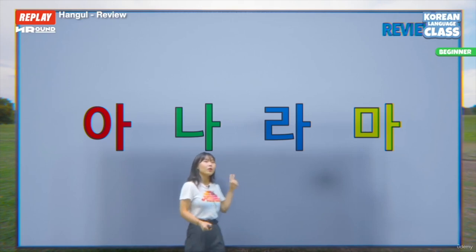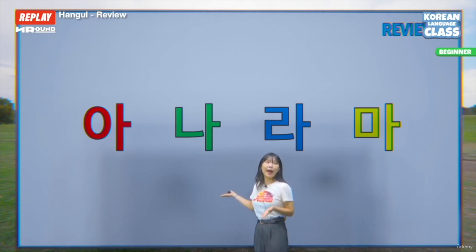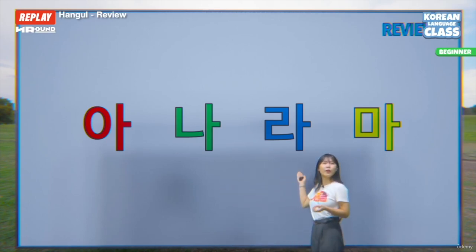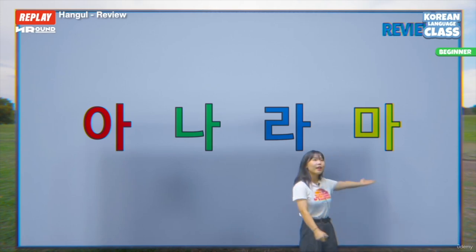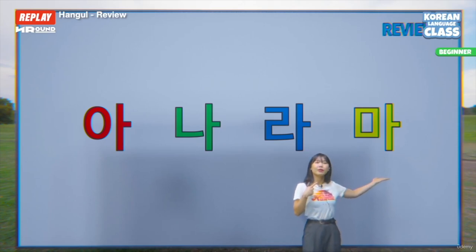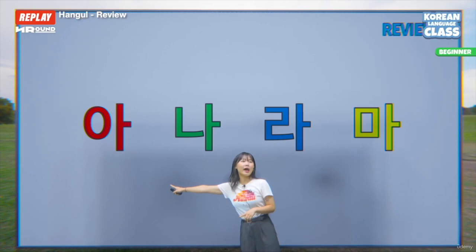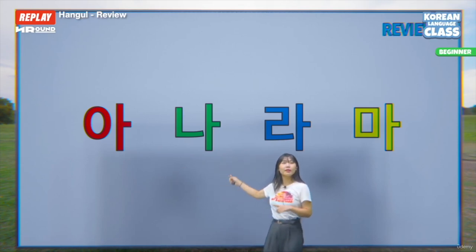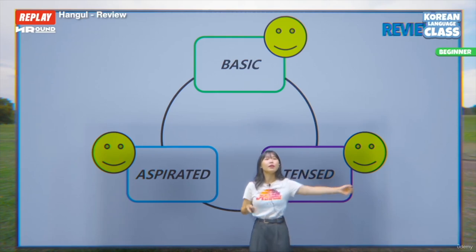The second one, na. N sound, na. The third one, la. And the last, this one is ma. Let's read it once more. A, na, la, ma. Great.